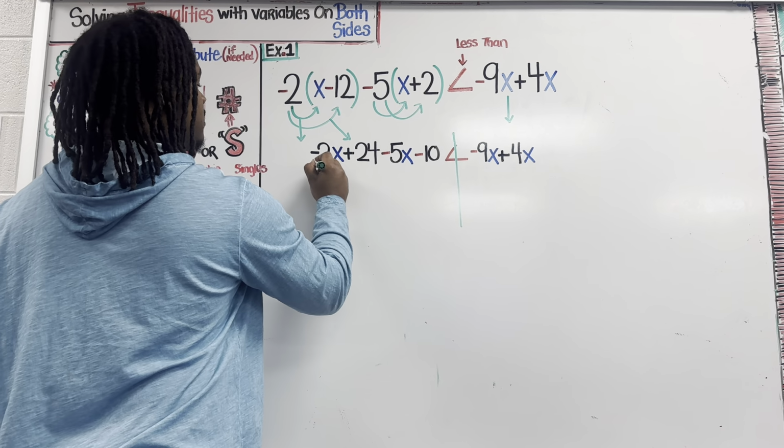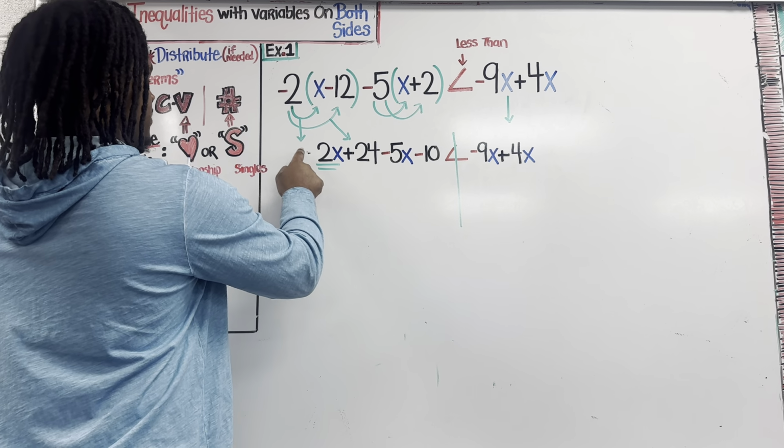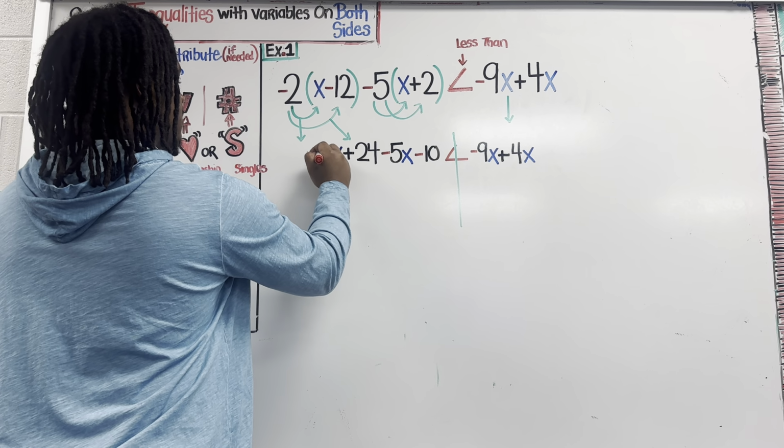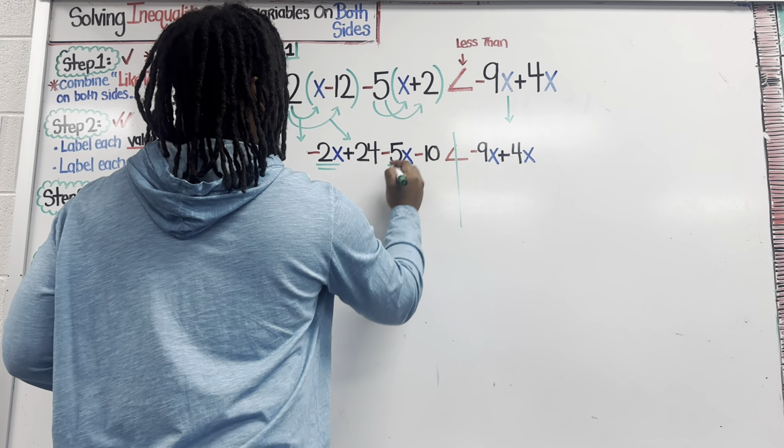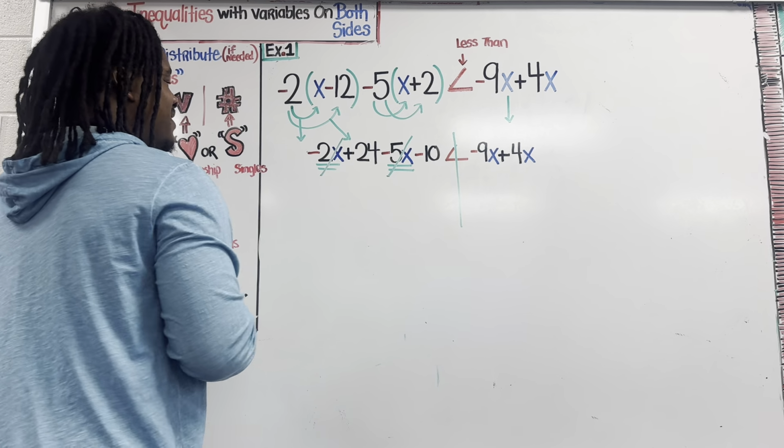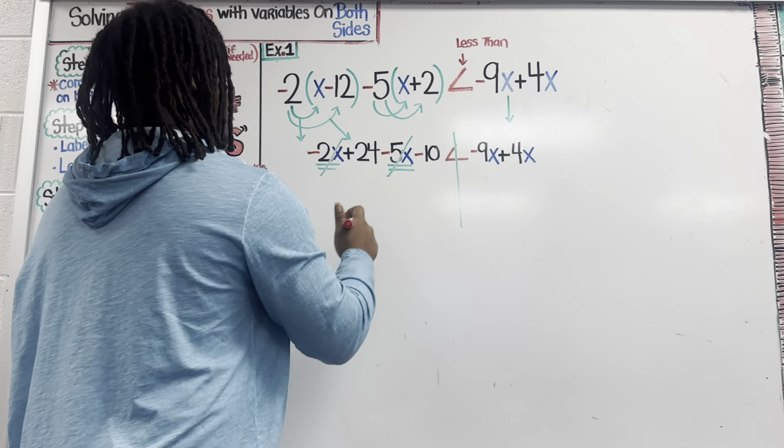Let me make this negative sign red so y'all know what I mean. I'm going to combine -2x with -5x. -2x plus -5x is -7x.